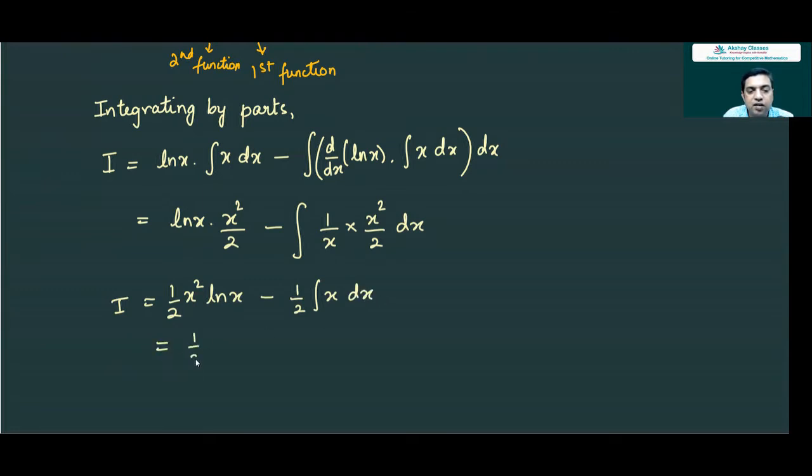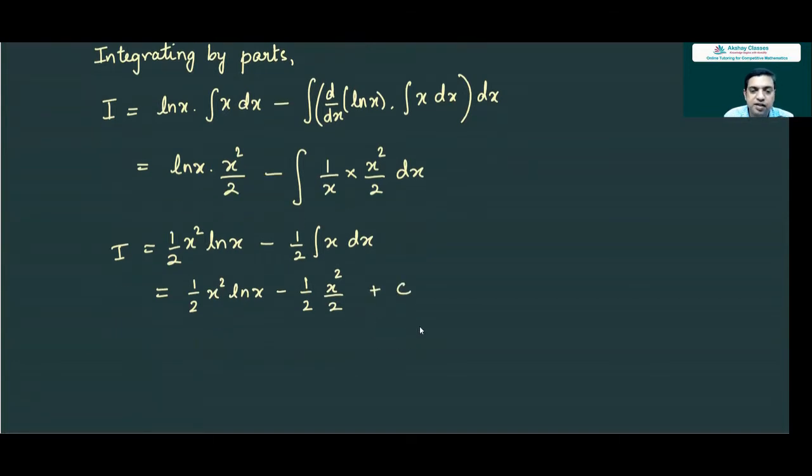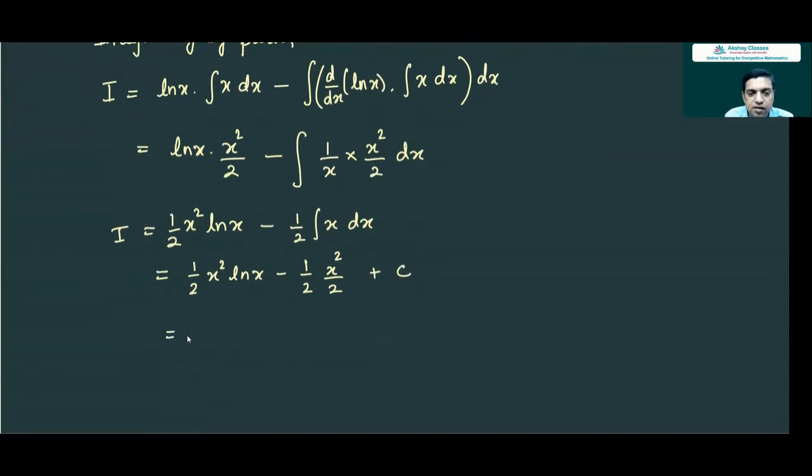So this is half x square log x minus half x square upon 2. And finally add plus c. So if we take x square upon 4 common, we get 2 log x minus 1 plus c.